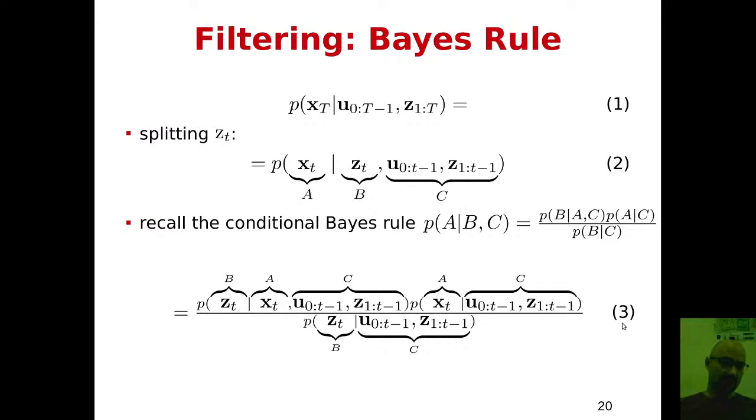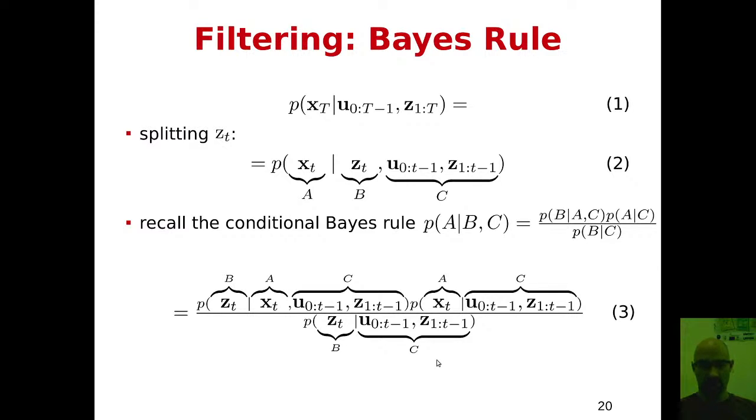All right, and where we can identify p of z of t given the current state and all the rest, multiplied by p of x of t given all controls up to time t minus 1 and all measurements up to time t minus 1, and another term on the bottom, which is not a function of z of t.